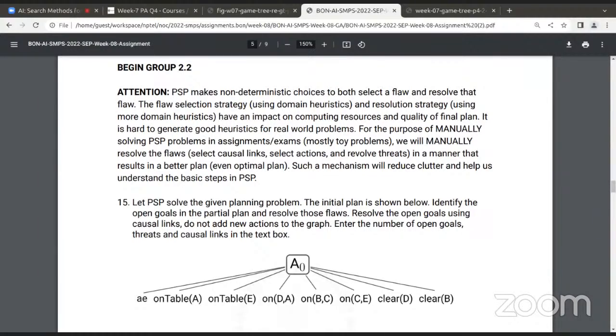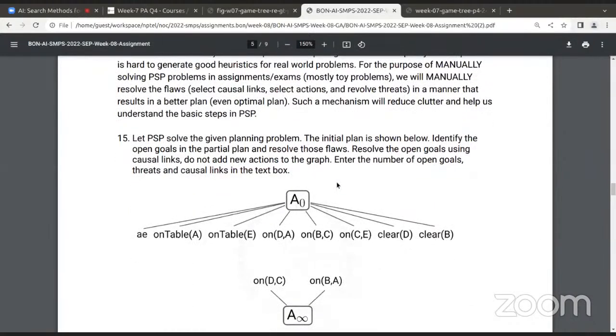So FSSP and BSSP will not give you an optimal plan. BSSP has its own problems: it will give us spurious goals, and it may get stuck. So we always have to verify whether our goals are valid or not. But partial order planning overcomes many of those difficulties, and it gives you an optimal plan.